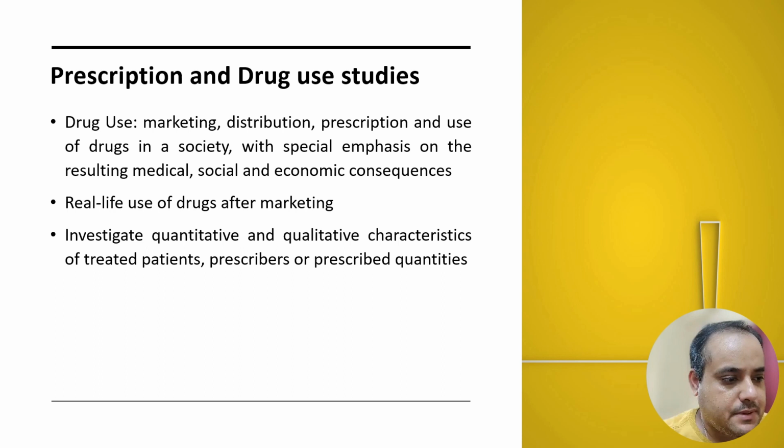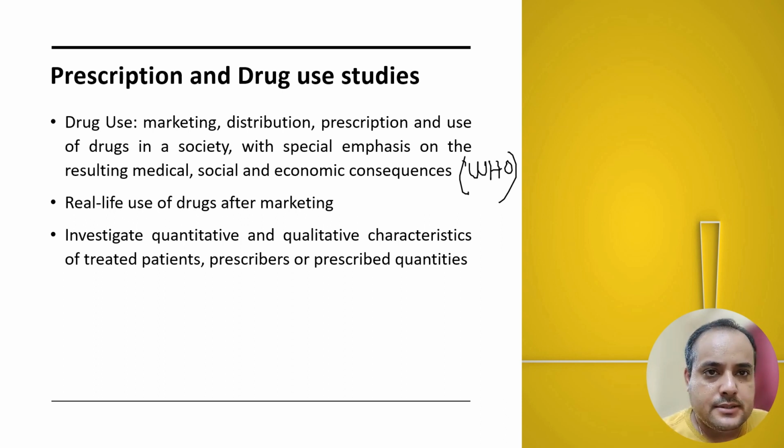Now drug use has been defined by WHO as the marketing. Initially the drug will come into the market after its approval, so the marketing of the drug, followed by the distribution of the drug to the various distributors, the stores, and after that the drug will be written in a prescription, and after the drug has been written in the prescription, then the drug will be bought and used in the society.